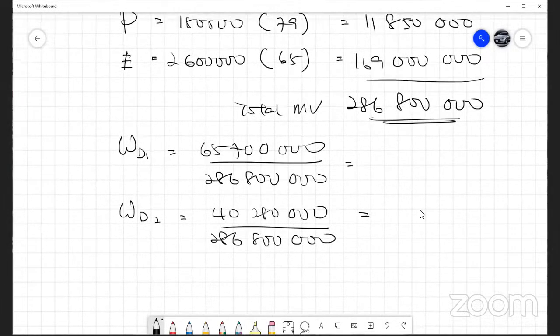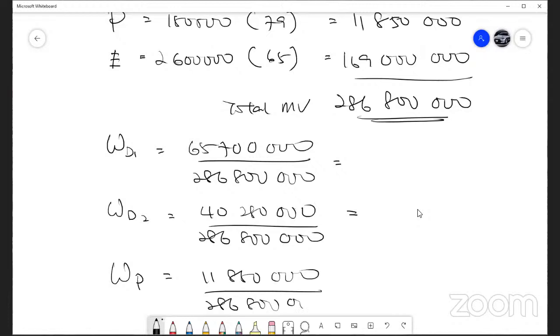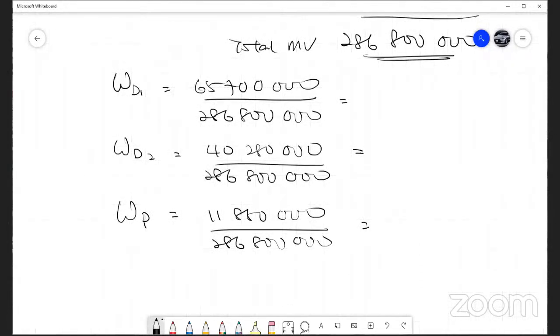Then the weightage of preferred stock: 11,850,000 divided by 286,800,000. And lastly, the weightage of your equity, 169 million divided by 286,800,000.